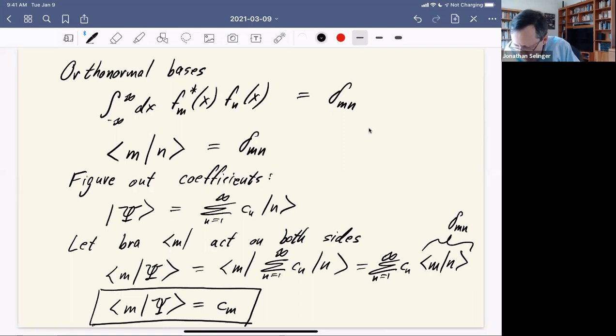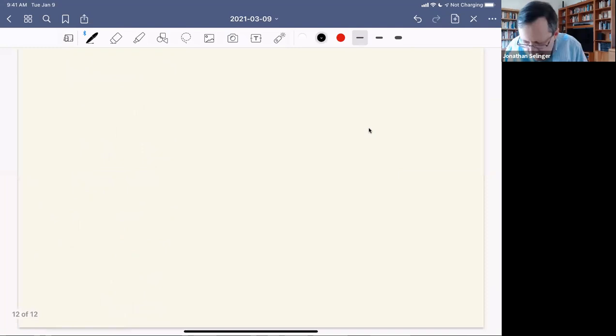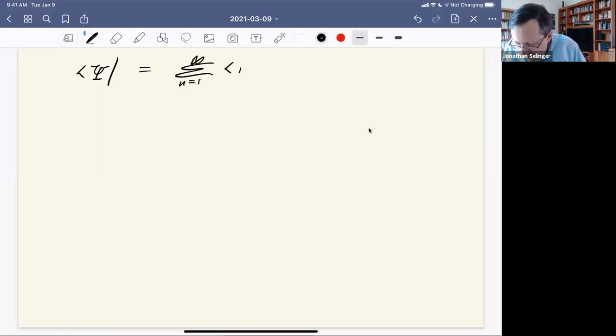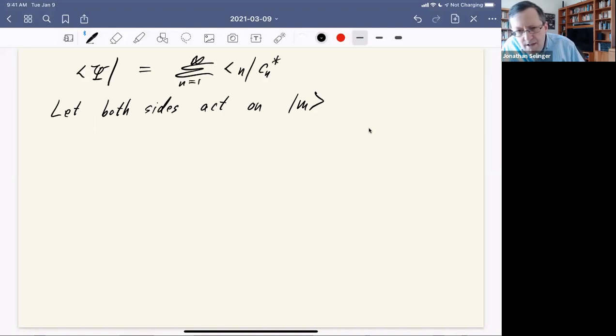Likewise, if we want to work with a sum of bras, the same thing works. If I say the bra psi is the sum of n equals 1 to infinity of the bra n times Cn conjugate, then we could let both sides act on m.